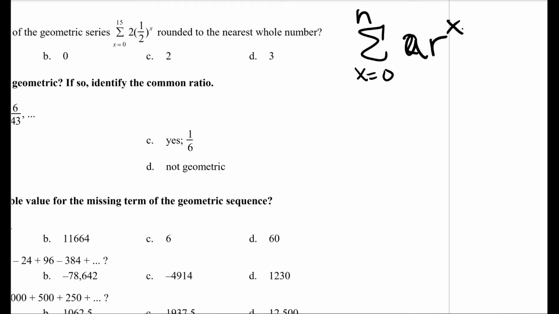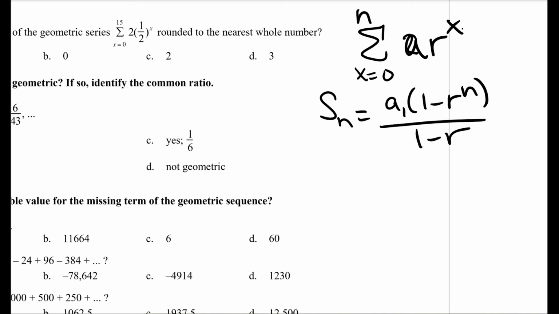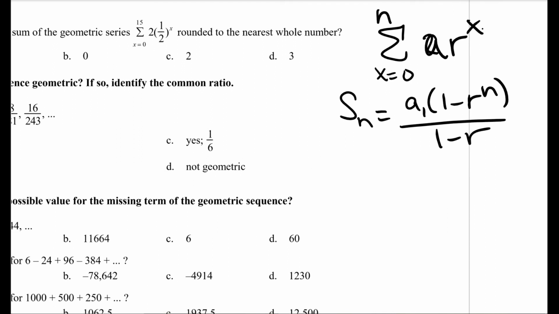Now, to find the sum of that, we use this formula. So Sn equals a1 times 1 minus r to the n, divided by 1 minus r. So this is the formula to find the sum of the geometric series. So all we got to do is identify our a1 and our r, and then our n, and then we can plug it in.